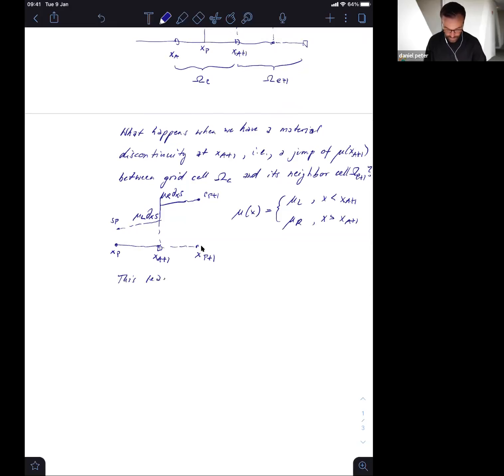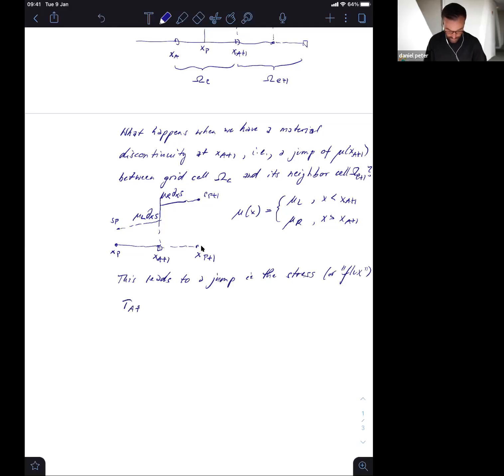So this leads to a jump in the stress, or if you prefer the flux, across that surface of the cell.